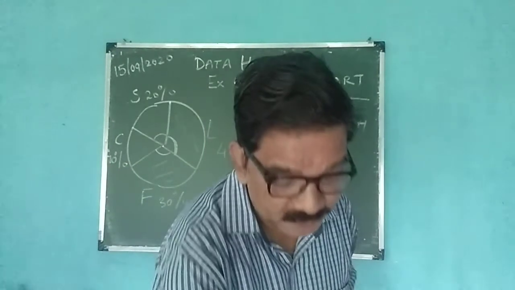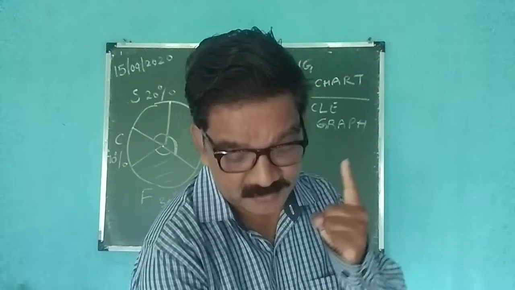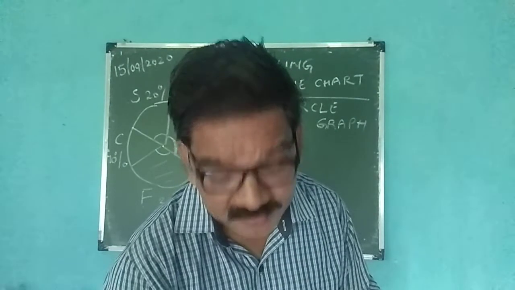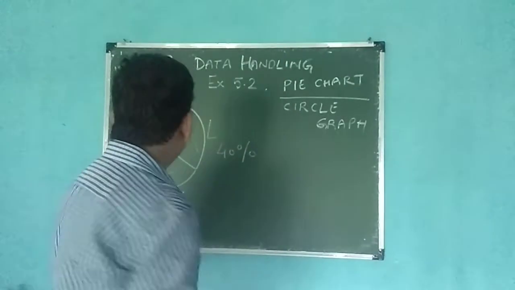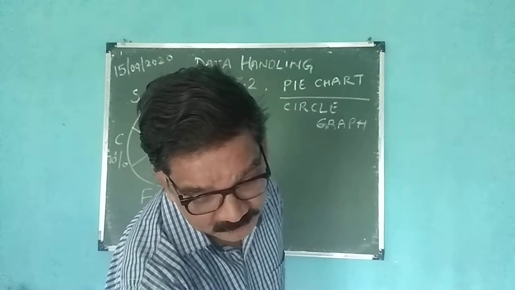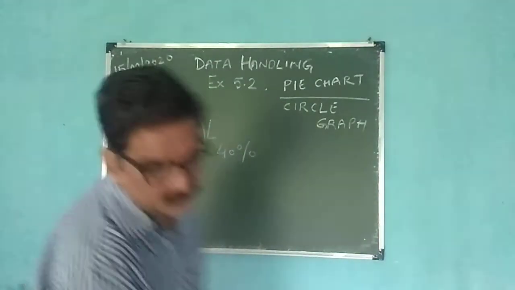Now the question is, if 20 people liked classical music, the first part, if 20 people liked classical music, how many young people were surveyed? If 20% liked classical music, sorry, this is 10%.